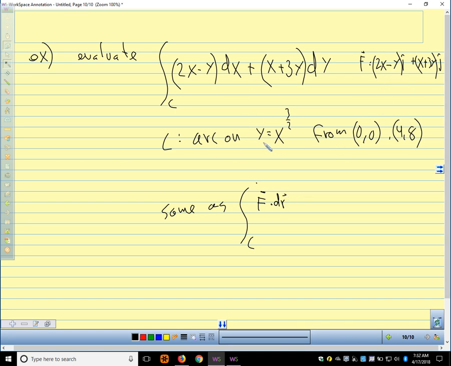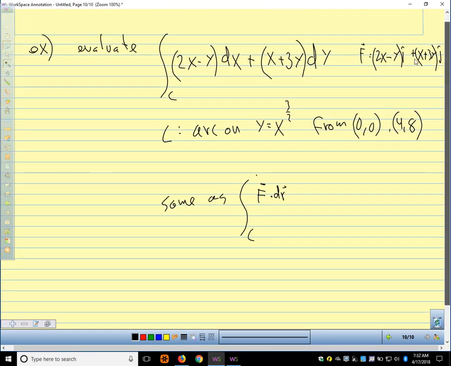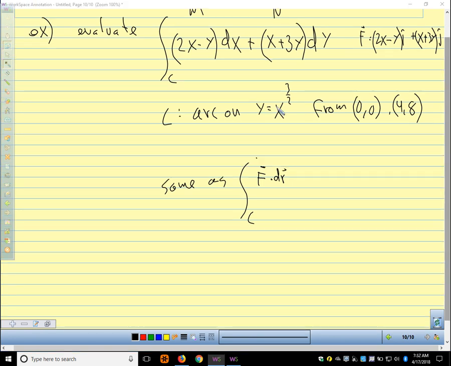But since we have this nice curve, we can say that this is m, this is n. Well, what is dx? Isn't dx just equal to dx. dx equals dx. dy is 3/2 x to the 1/2 dx.